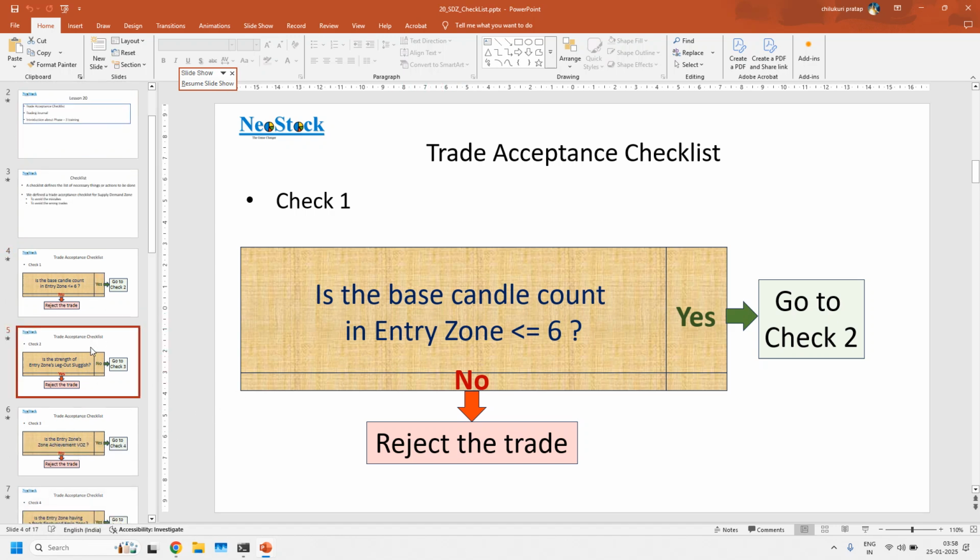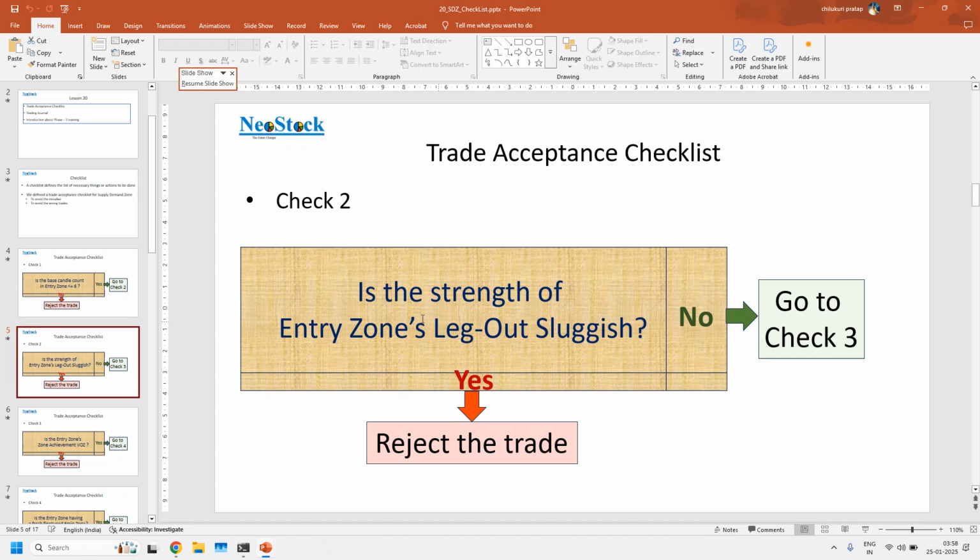Okay, what is the second checklist item? The strength of the zone leg out should not be sluggish. If it is sluggish, you reject the zone. And this you will identify once you draw the zone. I did not include filtering of sluggish zones in our software. There is a reason. The reason is we have HLQ zones, high liquidity zones.